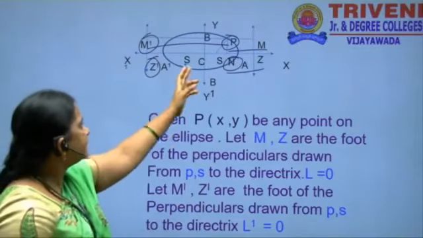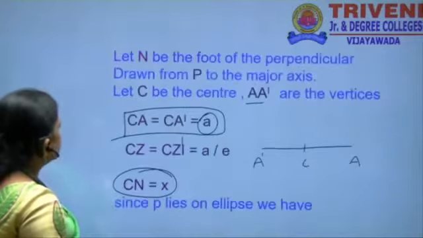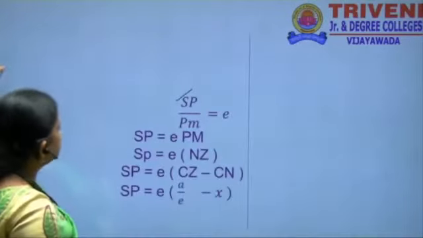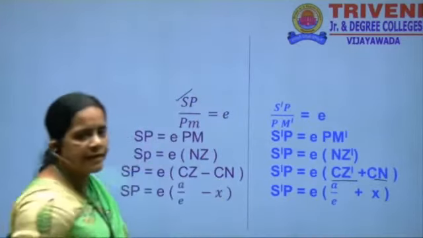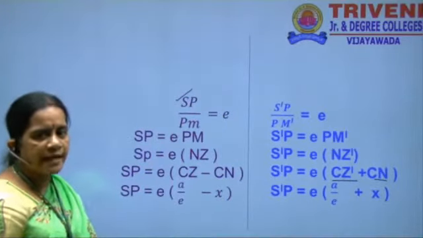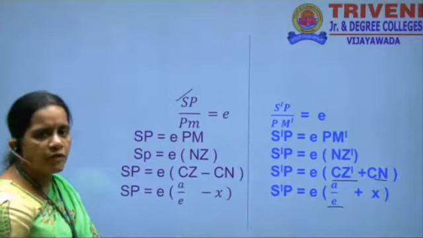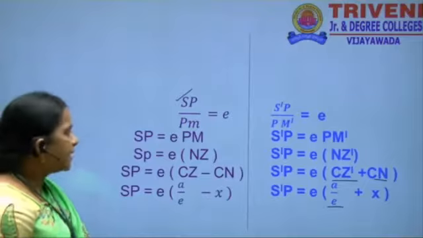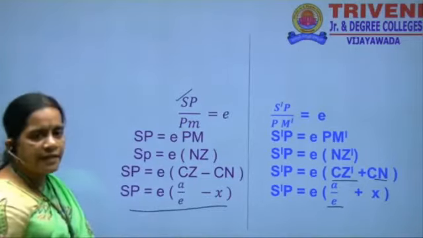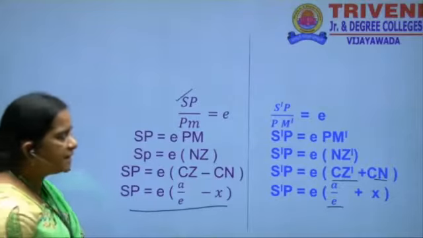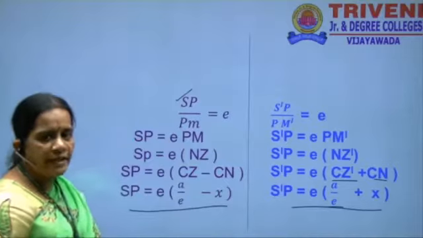This can be written as CN plus CZ dash. CZ dash is the directrix distance that can be written as A by E, and CN is X. So SP is E into A by E minus X, and S dash P is equal to E into A by E plus X.